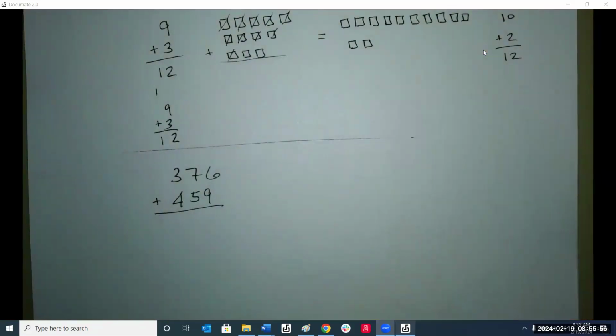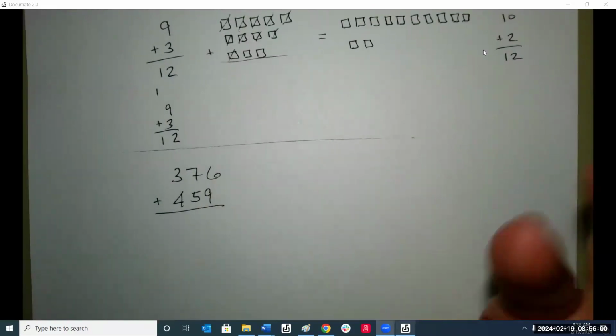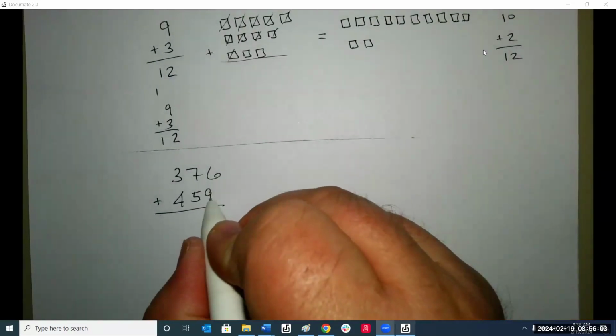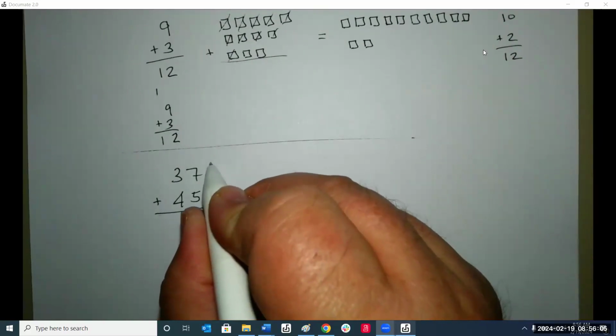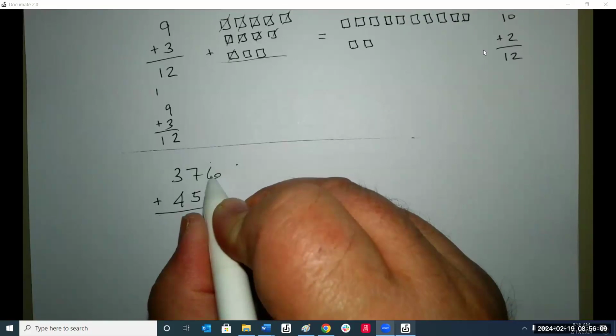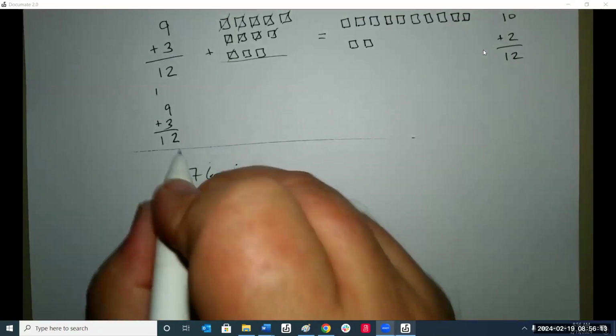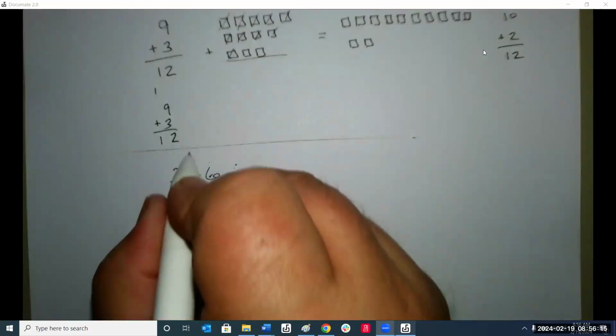This is once they get comfortable with the blocks and they understand the numbers. So they can even use their fingers. So we have 9. We need 1 more. So we have 6 up here. So 9 plus 1 is 10, plus 5 more is 15. That's 5.